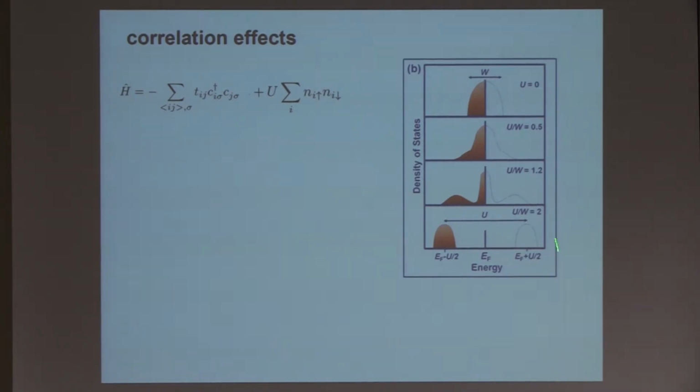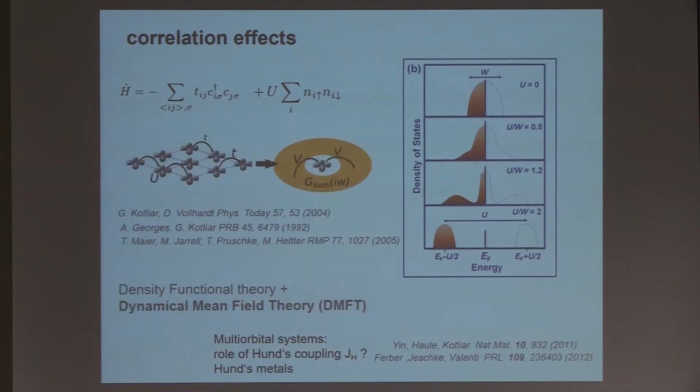And as we go to the highly correlated case, we will expect the Mott insulator. So what we want to see is whether we have these features in iron-based superconductors and how they contribute to explaining the properties of superconductivity.